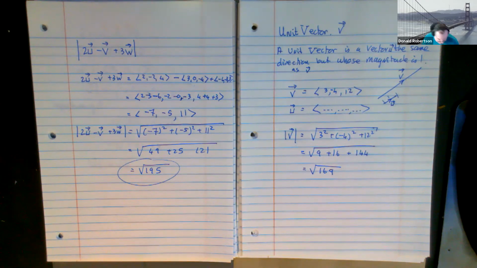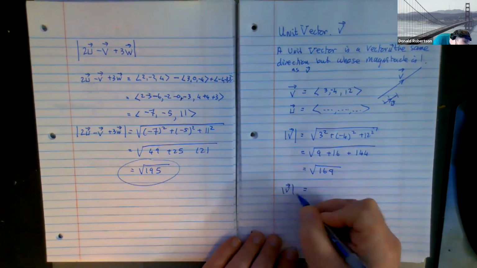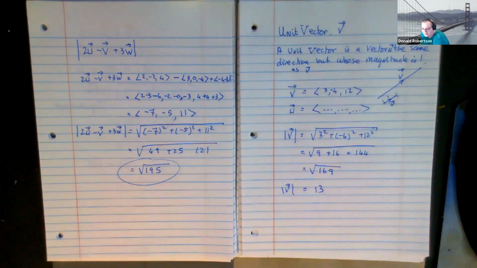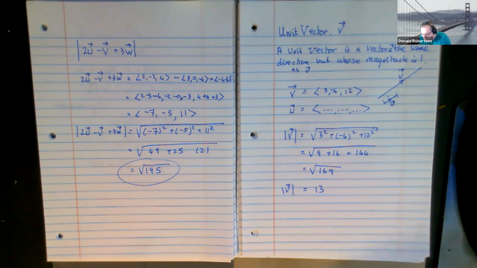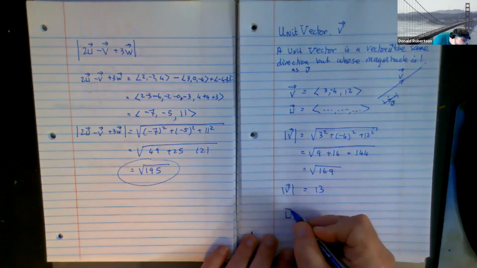I'm assuming it is, right? Oh, that's a good one, isn't it? Don't expect nice answers, but this time we got one. So how do I find the unit vector?